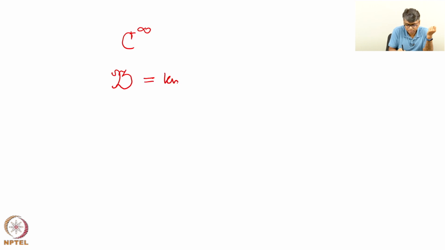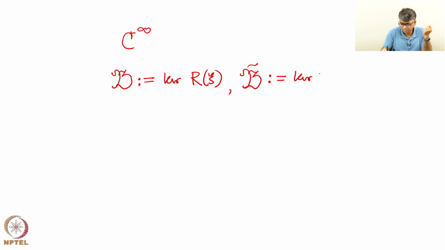What we have proven is that as long as I'm looking for trajectories in the space of C infinity functions, if I have two behaviors, one given by the kernel of R psi and the other given by the kernel of R tilde psi, the two behaviors are equal if and only if the row spans of these two modules, the kernel representation matrices, are the same.